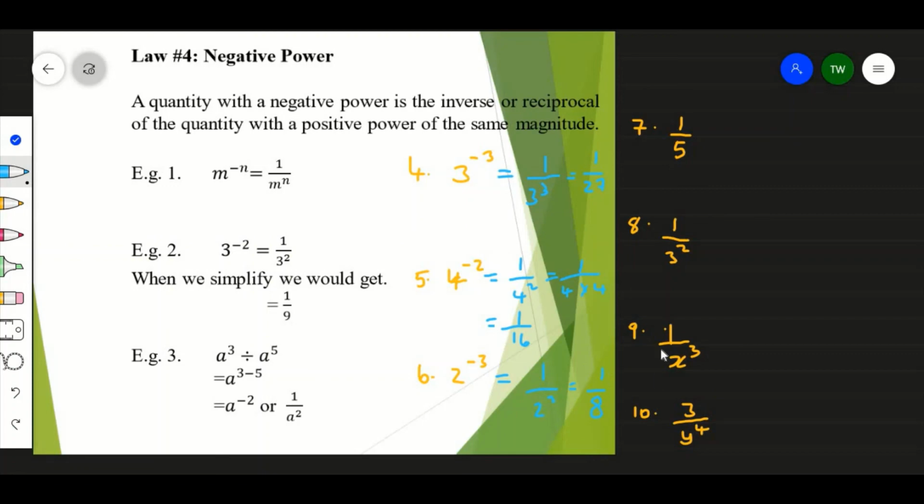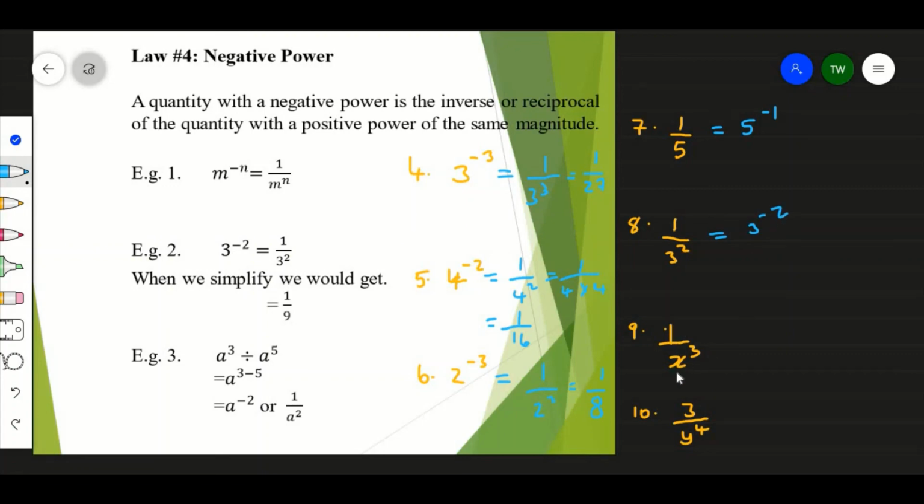Now let's look at the reverse. Now we're given the positive form and we want to write it in negative form. So here we have 1 over 5. Then this is equal to, if we bring this 5 from below the denominator here, 5 to the negative 1. Let's look at example 8. We have 1 divided by 3 squared, which is going to equal 3 to the negative 2.